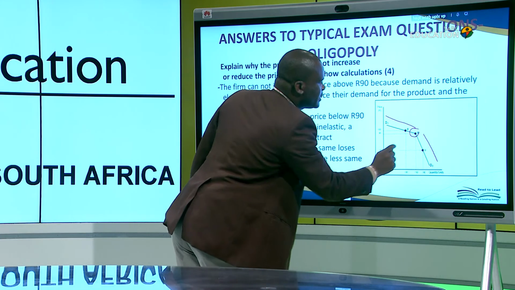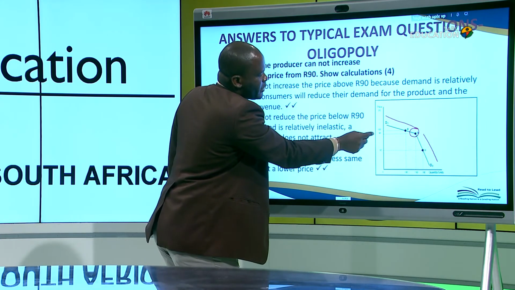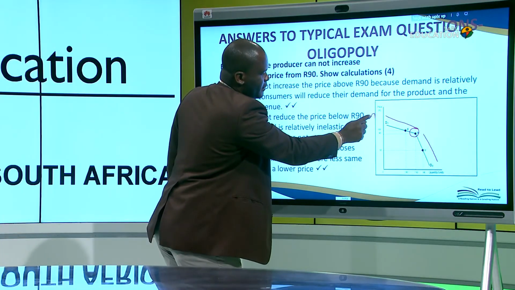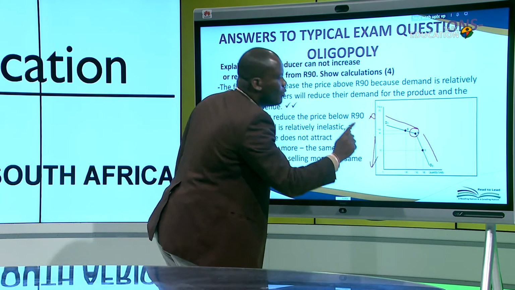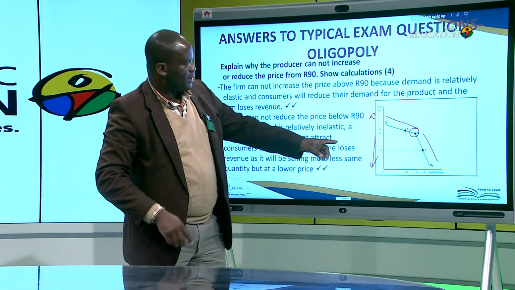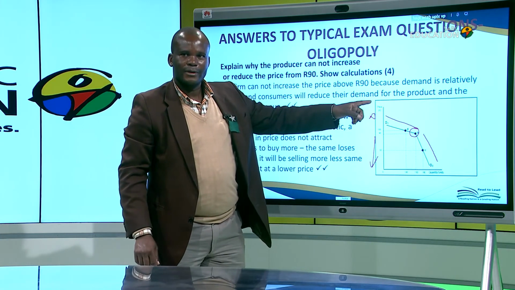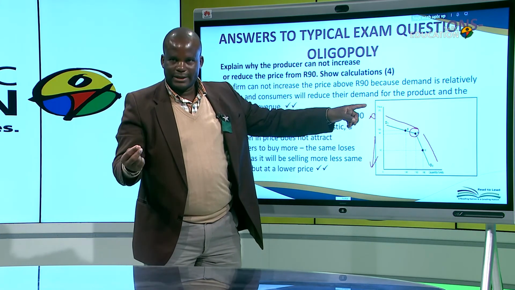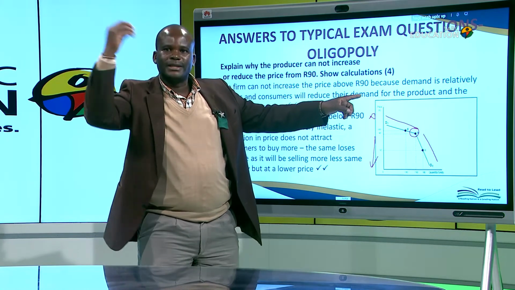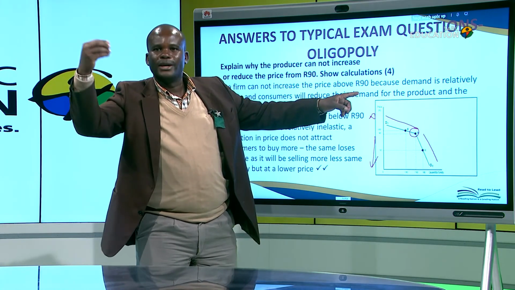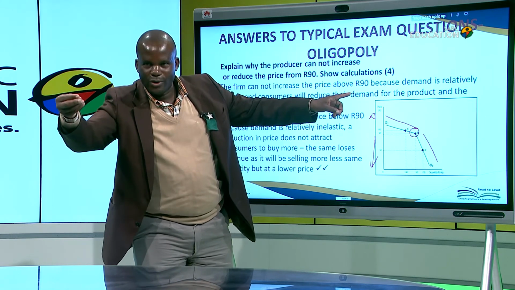Now the question is saying, you can't charge a price above the kink. You can also not charge a price below the kink. Why? It is because above the kink, demand is elastic. Meaning if you increase the price, people are sensitive to price changes. You increase the price, they stop buying your product.